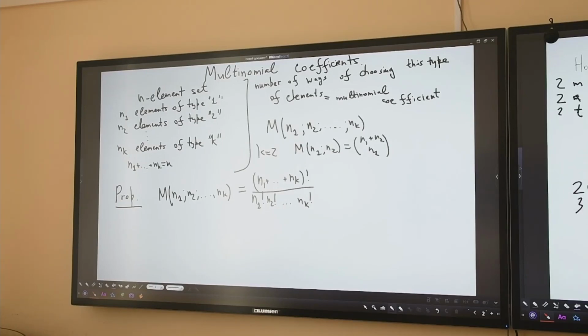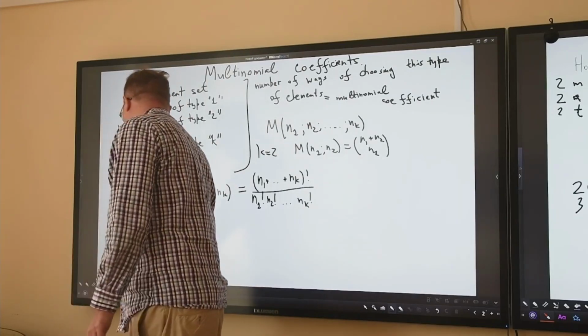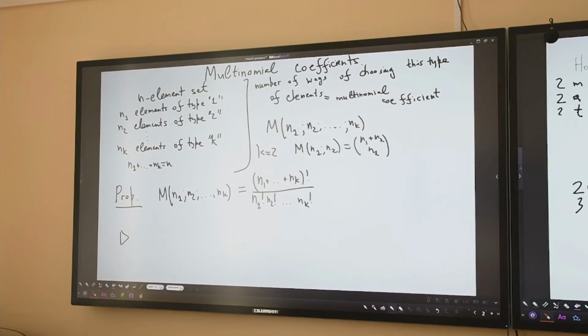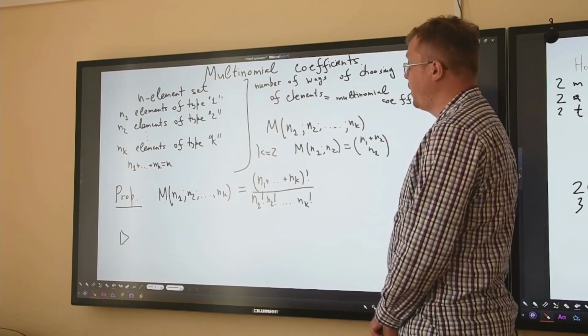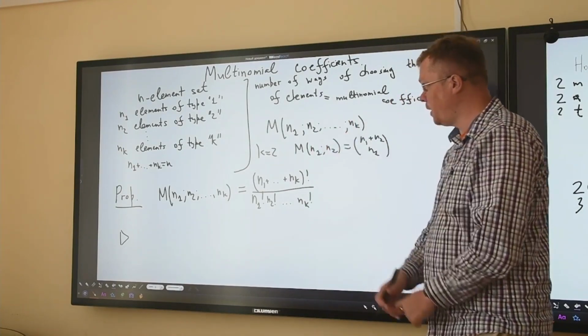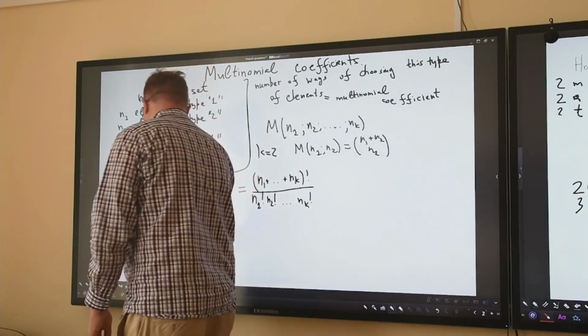So I think you already understood the proof, but if I need to give a correct proof, I can just say that we have an n-element set, and if we choose n1 elements of type 1, we have n positions.